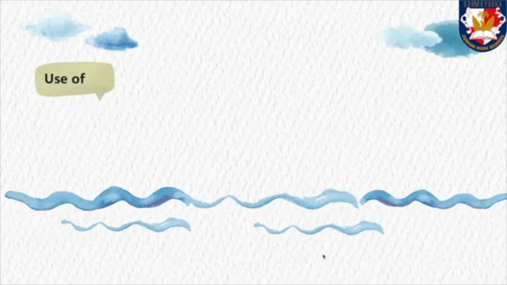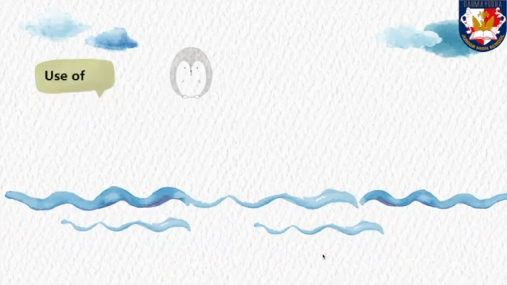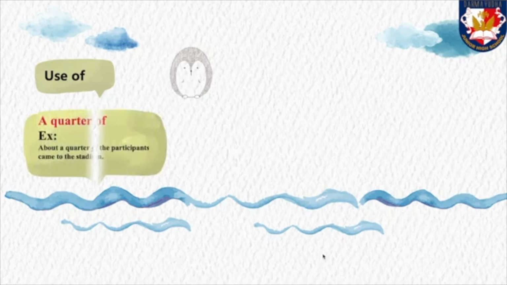The first one, when do we use of? We can use the preposition of if we find words like this. They are a quarter. So, a quarter of. In the sentence we can see, about a quarter of the participants came to the stadium.